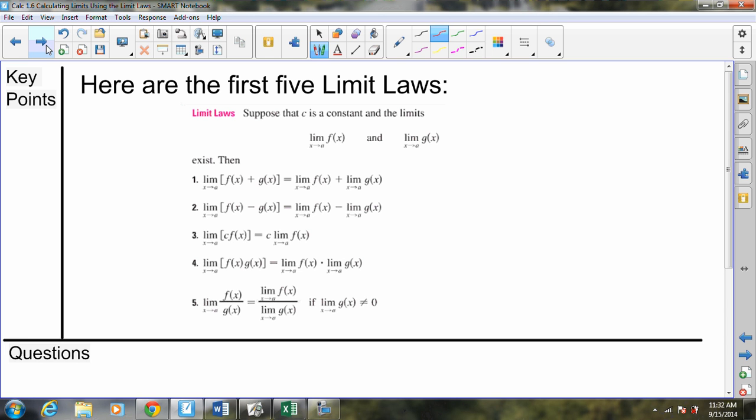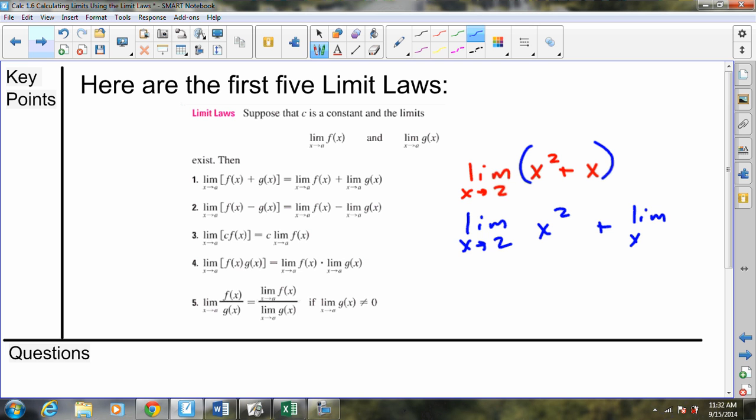So we are doing pieces like the limit of x squared plus x as x approaches 2. Basically, this says if you have an addition of a function, you can actually split it up into 2 limits, as long as both limits exist. If it's addition, you can split them up as 2 different pieces.